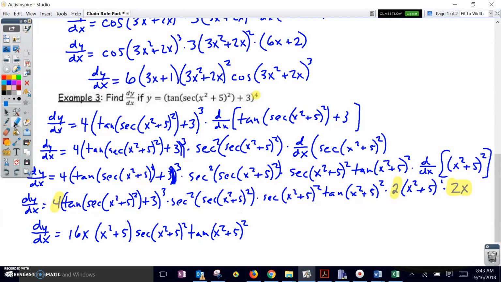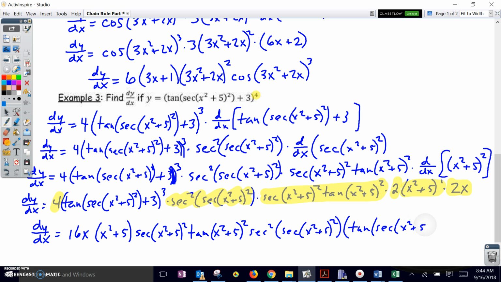That takes care of this x squared plus 5 and these two factors. And then I've got a secant squared of the secant of x squared plus 5 quantity squared. That takes care of this factor. And then all I have left is the tangent of the secant of x squared plus 5 quantity squared plus 3, that whole quantity to the third power.